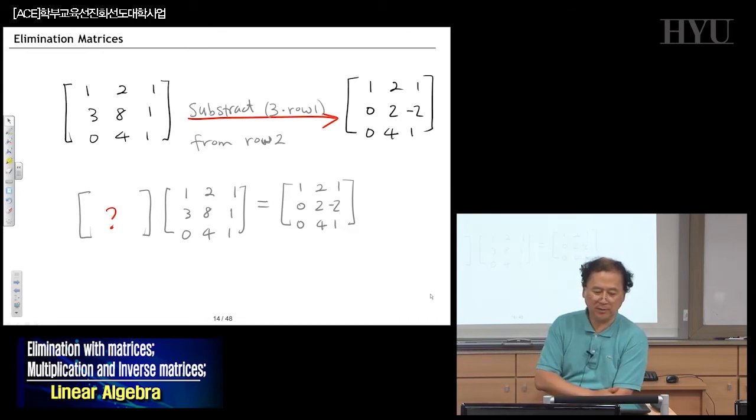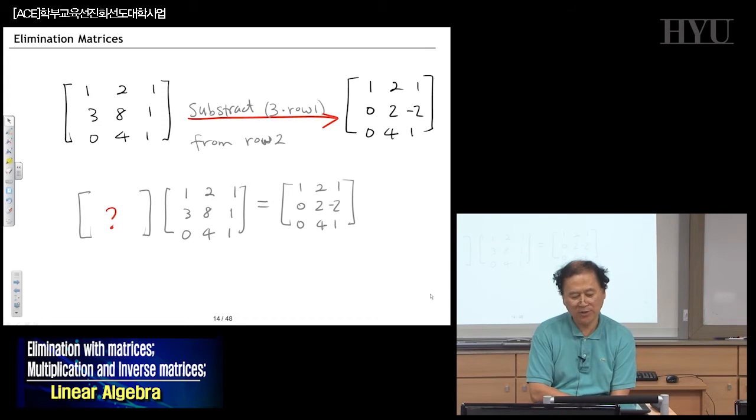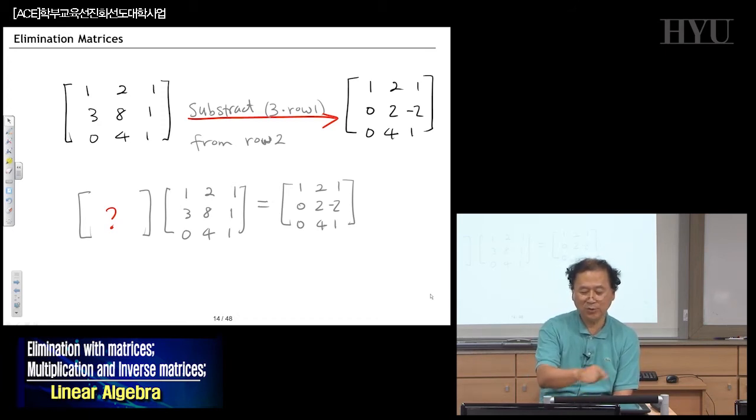Then another question I'm asking you: this is the original matrix, and using row operations I come up with this one.